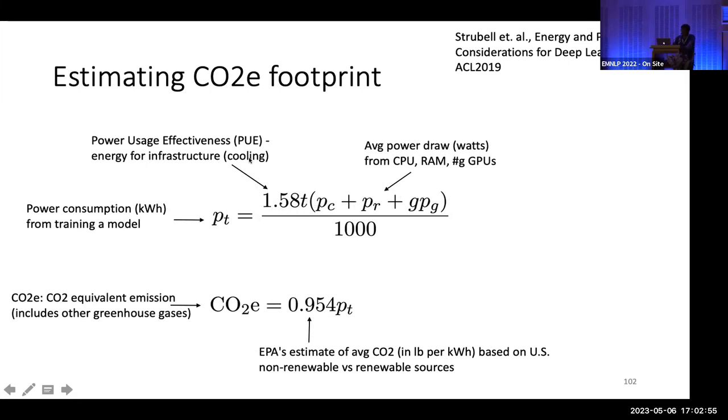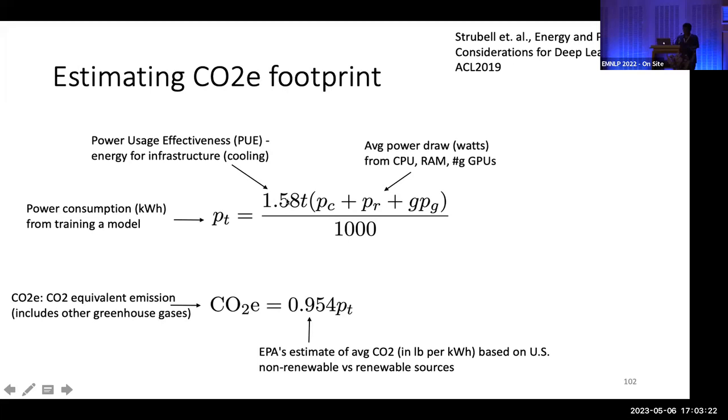And then power usage effectiveness. Think of each watt of compute in your data center to crunch some data might require some overhead, because you need to cool the computer with a fan, right? So this power usage effectiveness is a constant you multiply by to account for that.